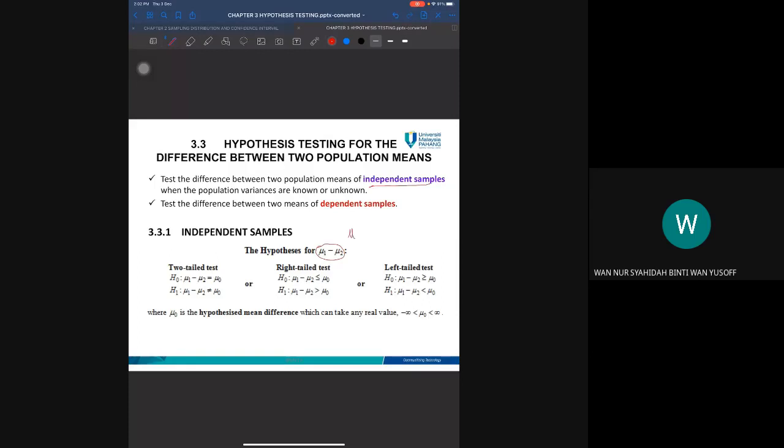It is mu1 minus mu2, or we can write mu2 minus mu1. But you have to know, based on the question, what the 1 and the 2 refer to, because in the rest of the analysis, when you calculate the test statistic, you must follow your hypothesis, which one minus which one.